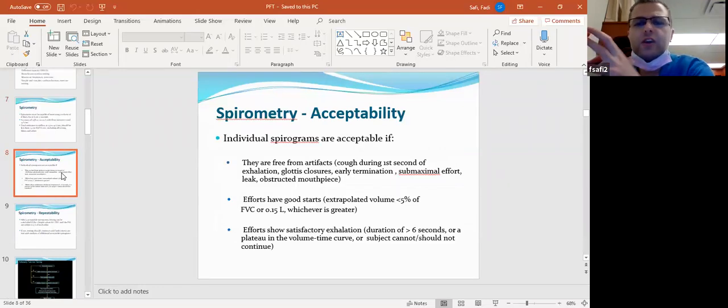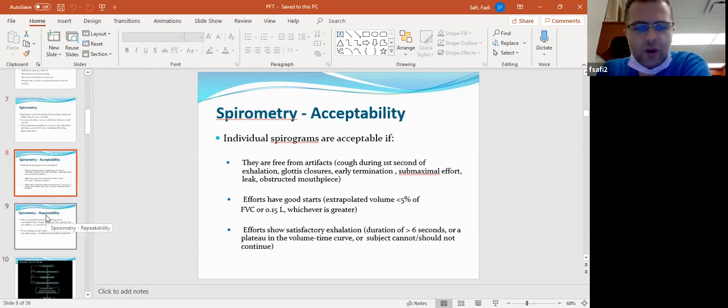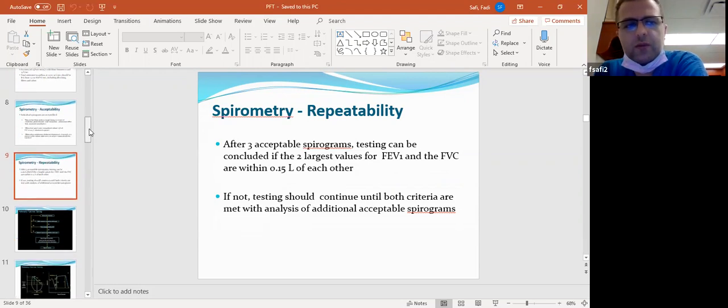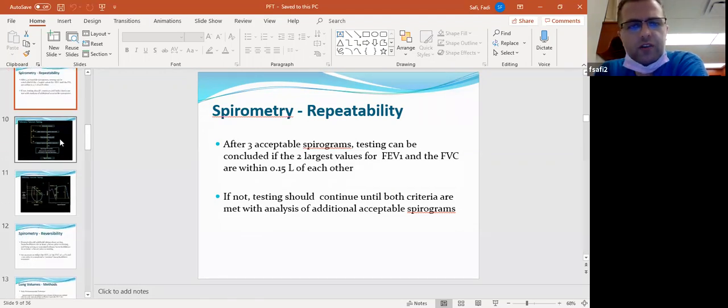Now, spirometry, usually we do not do just one value, okay? So remember, for the technique of the test, we need to do 3 values to measure a spirometry. Therefore, you have to repeat it to make sure that it's accurate. After you repeat the values, you want to make sure that the values are within 0.15 liters from each other. And this is mostly technique.